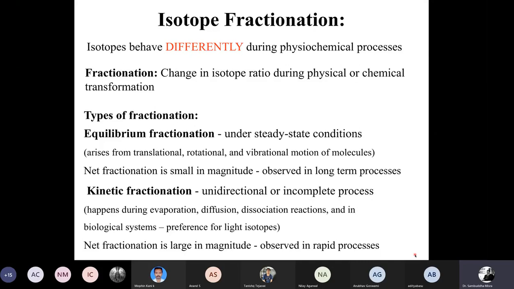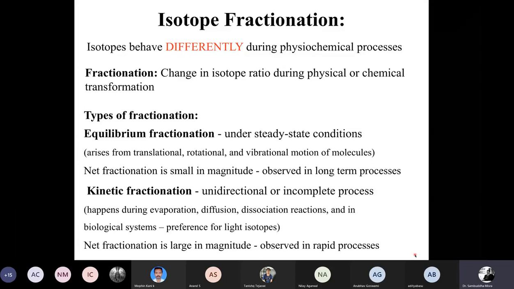Because the bond energy associated with a heavier isotope is more. The kinetic energy of a gaseous system is a function of temperature. But if two isotopes of different masses have the same kinetic energy, then the lighter isotope must have a higher velocity. So it will be closer to escape velocity. So in a process like diffusion, it will escape the system faster.